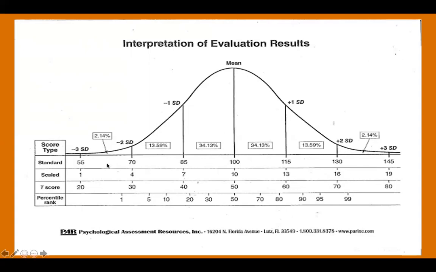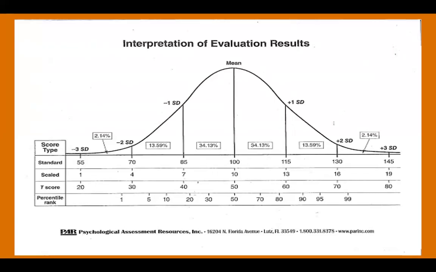And then if we move out to the third standard deviation, we're really looking at an extra 4% that falls within plus or minus three standard deviations from the mean. And that's just how people are distributed within the bell curve.